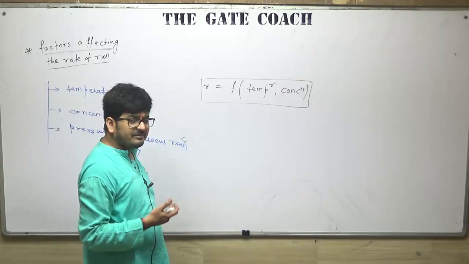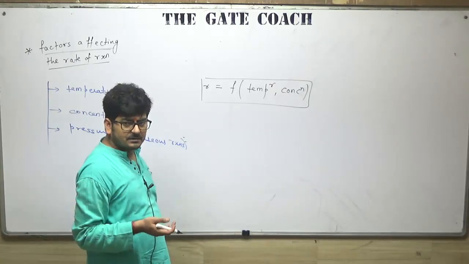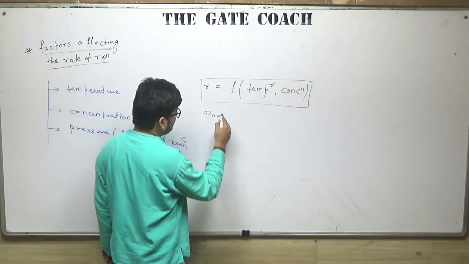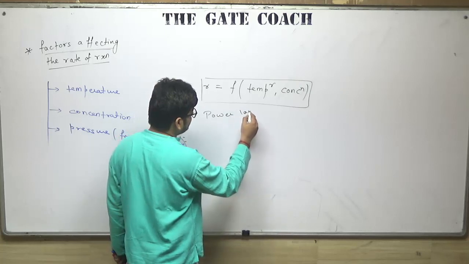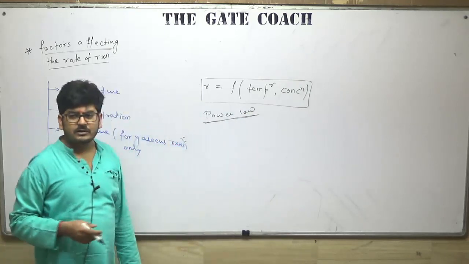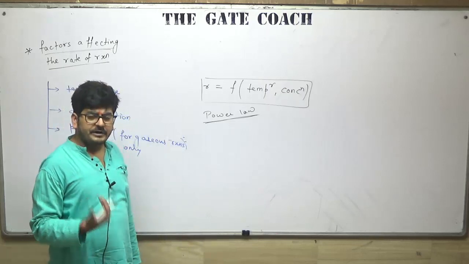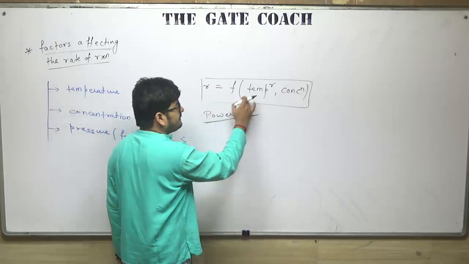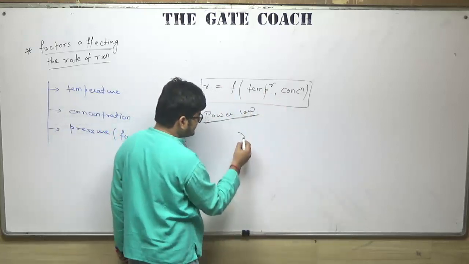And now, what should be the mathematical expression between these three? For that we have several theories. But the most acceptable and most common theory which is used is power law. According to power law, we can relate the rate of reaction with temperature and concentration like this.